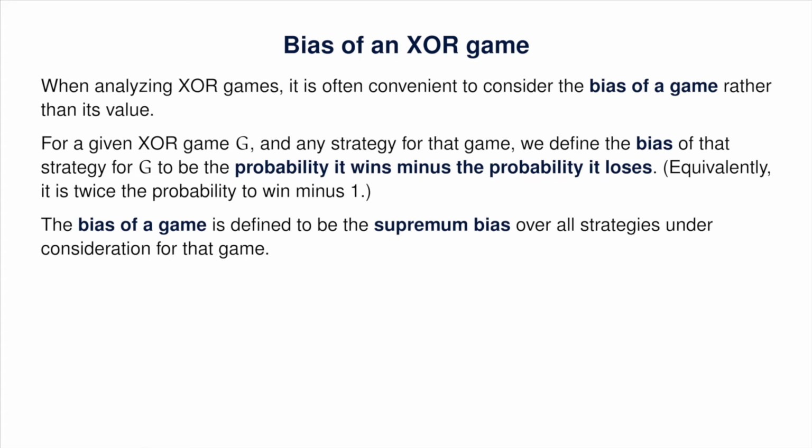This is because the probability that a strategy wins plus the probability that it loses is always 1, and so the probability of losing is just 1 minus the probability of winning. And performing this substitution into the definition of the bias reveals this simple formula. Likewise, the bias of an XOR game is simply twice its value minus 1, for exactly the same reason.